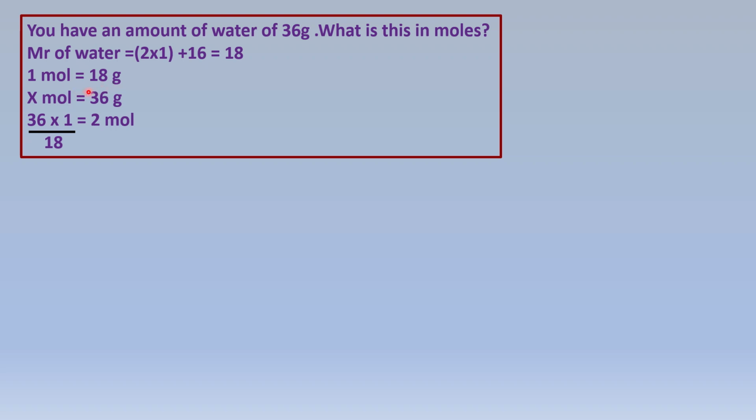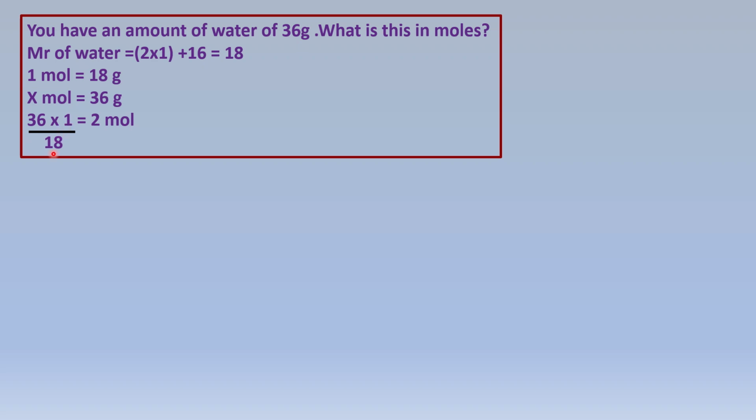Now I don't know the number of moles in the 36 gram which is given in the question. So I say I have X mole in 36 grams. How do you solve this in math? You multiply 36 times 1 and then divide by 18 to find X. Multiply these two and divide by 18. 36 times 1 is 36.